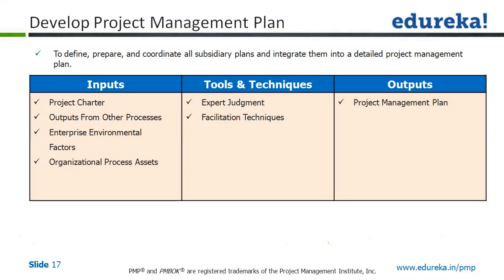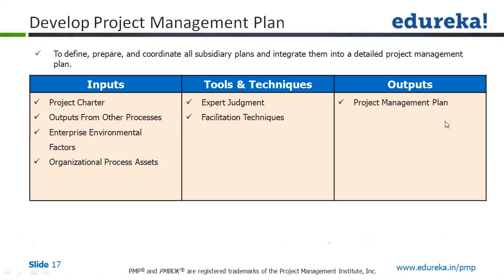The tools and techniques remain the same: you have expert judgment and you have facilitation techniques. What would be the output? Very easy to correlate: project management plan. Remember, I was talking to you about the other knowledge areas as well, very clearly telling you that plan communications management results in an output of communications management plan.